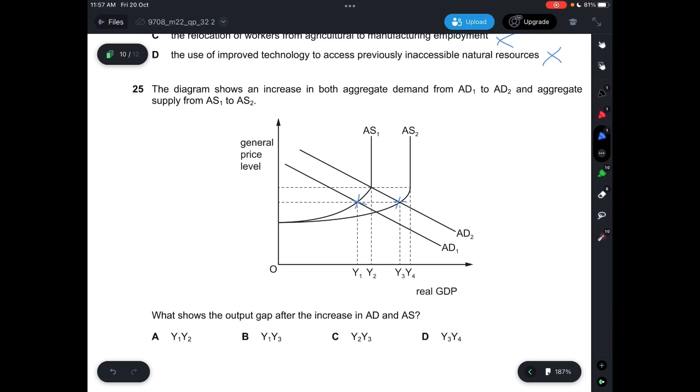You can see here for aggregate supply 2, the full employment point is at Y4, but you are now outputting at the level where AD equals AS2, so it's Y3. Therefore, your output gap here would be Y3 to Y4, because you're not producing at a point where the aggregate supply is already at full employment. So the output gap here would be Y3, Y4, right?